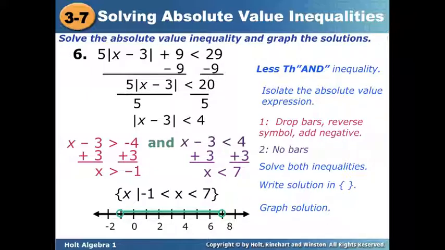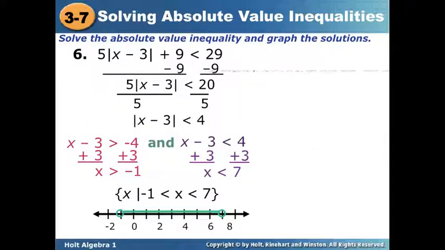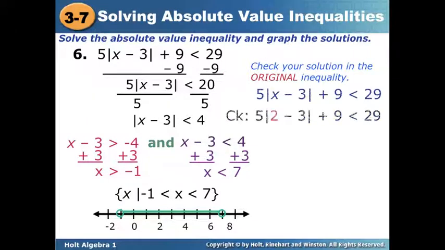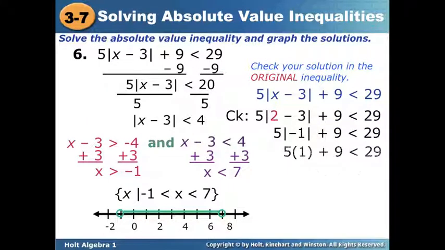Check and correct your work if needed. Now for our check, we're going to check a number from the shaded region in the original problem. Notice that 14 is less than 29, so it does check out.